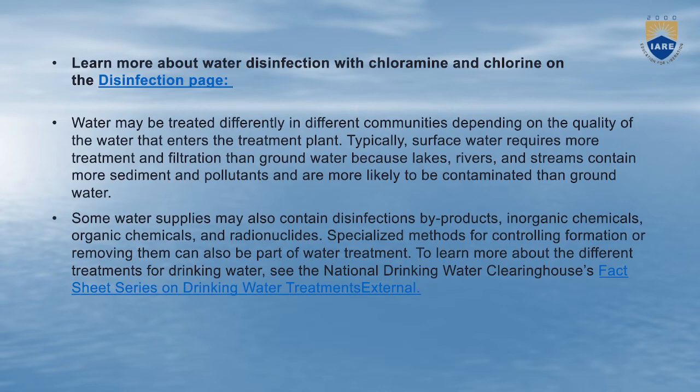Some water supplies may also contain disinfectant byproducts, inorganic chemicals, organic chemicals, and radionuclides. Specialized methods for controlling formation or removing them can also be part of water treatment. To learn more about the different treatments for drinking water, see the National Drinking Water Clearinghouse's fact sheet series on drinking water treatments.